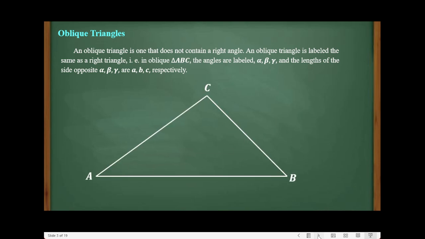Now, suppose we have this drawing, an oblique triangle, and this is named triangle ABC, since we use the first three capital letters in the English alphabet: A, B, and C. The angle at vertex A is denoted as alpha, the angle at vertex B is beta, and the angular measure at C is denoted as gamma.